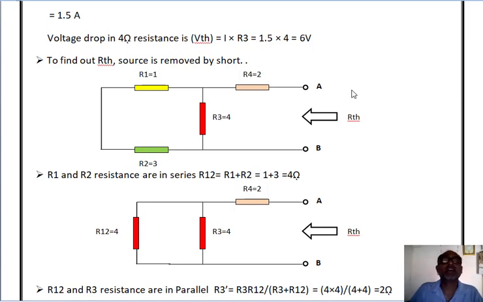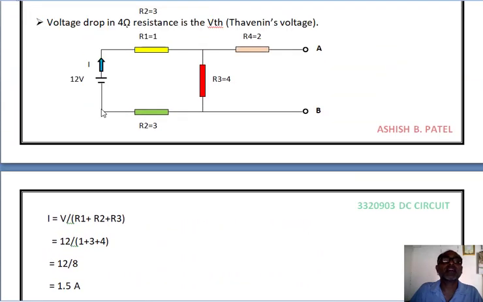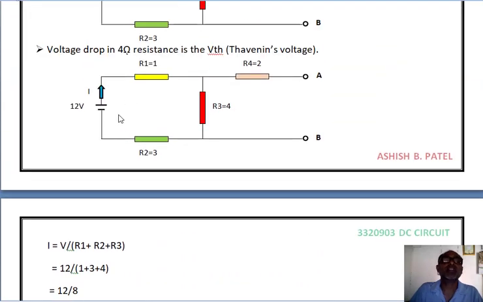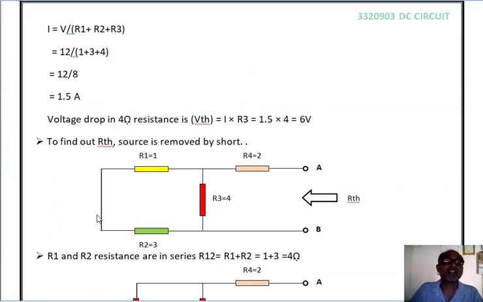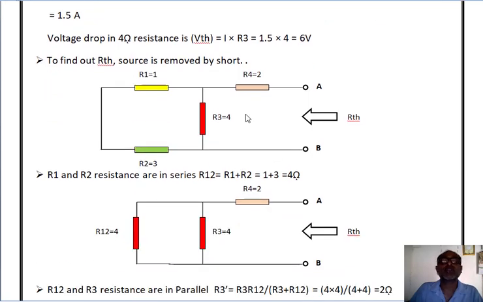But if the internal resistance of the battery or voltage source is not given, it is taken as 0 and short circuited. So in this circuit we remove the voltage source and short circuit it. We want the equivalent resistance at terminal AB, so we start solving the circuit.